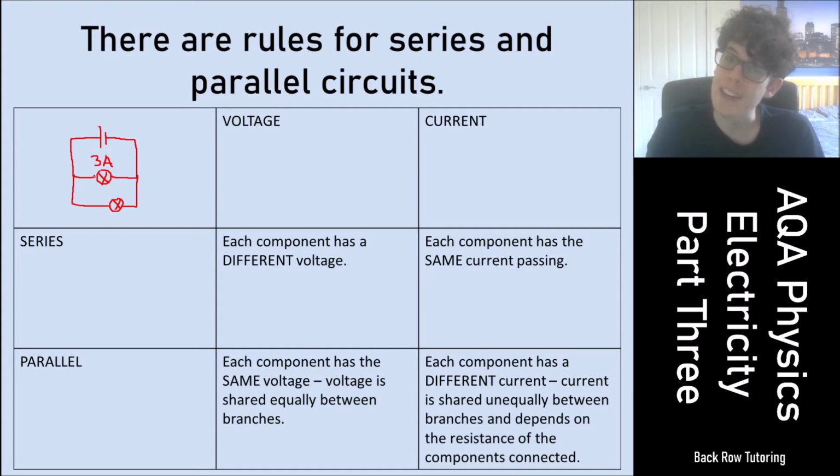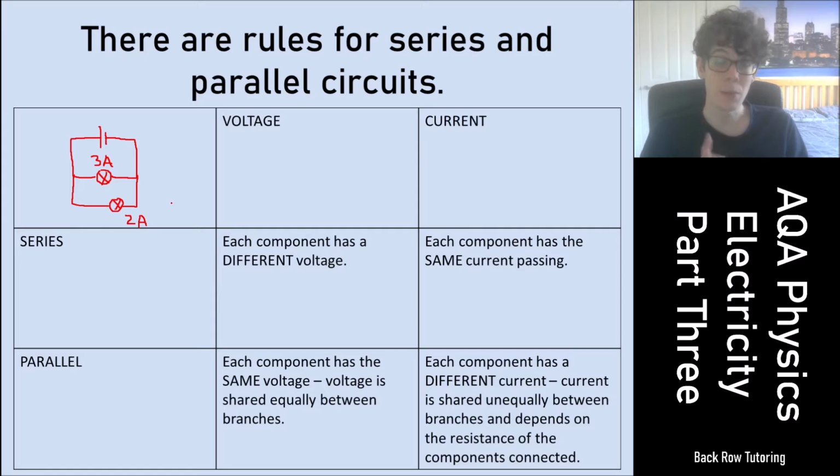If these bulbs are different, then one might have a higher resistance than the other. If this bottom bulb had a higher resistance, then you could expect that it might only have 2 amps flowing through. And that's because, remember, with Ohm's law, resistance is inversely proportional to current.